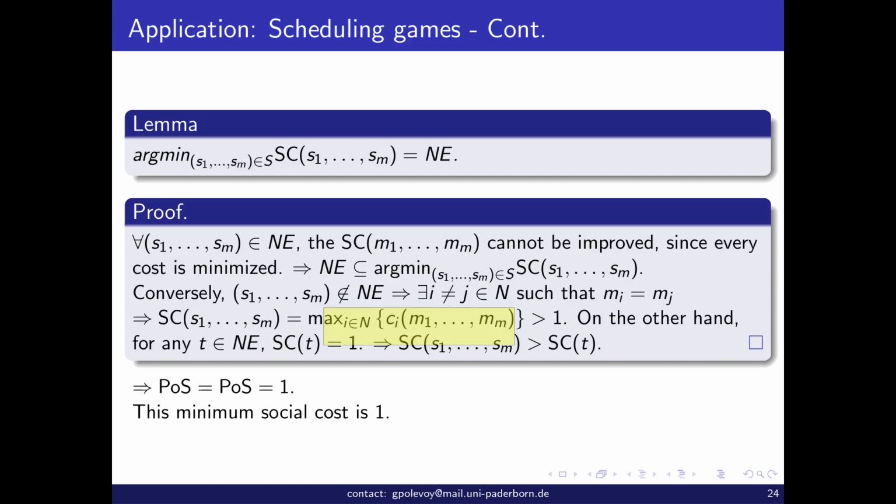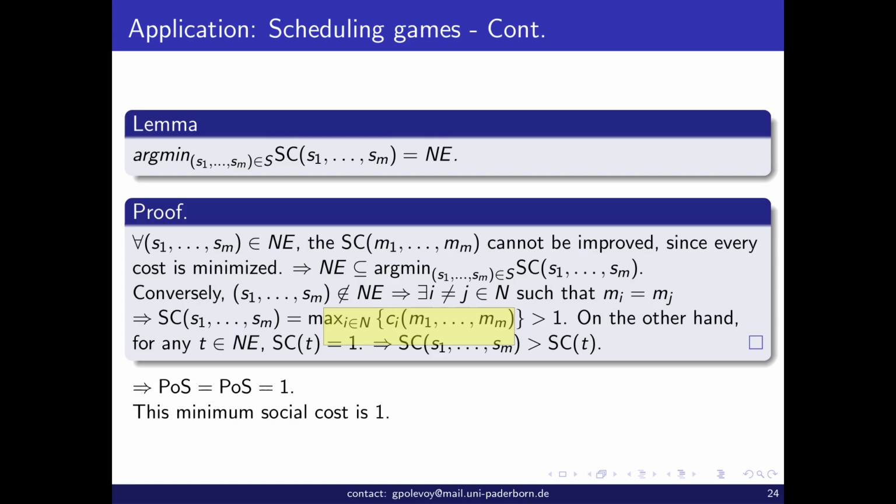So the social cost of the profile we started with is not the smallest possible. So by starting with a profile which is not in Nash equilibrium, we show that it is not a profile in the argmin of social cost. And thereby we have proven the second direction. So if something is in Nash equilibrium, then it minimizes the social cost.